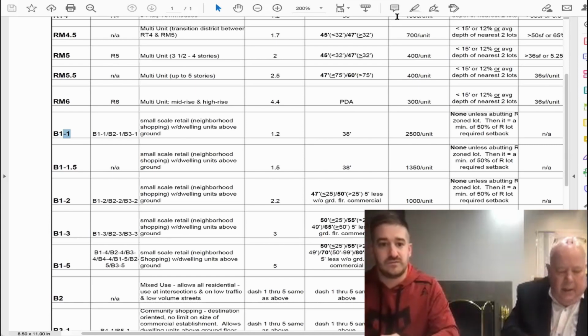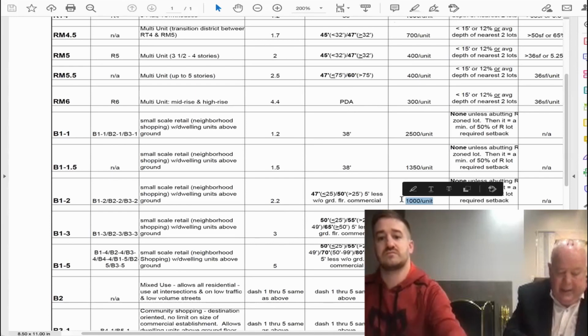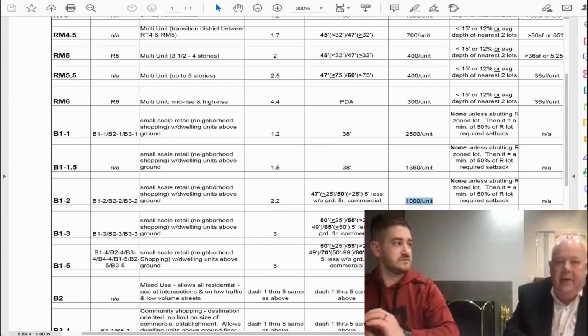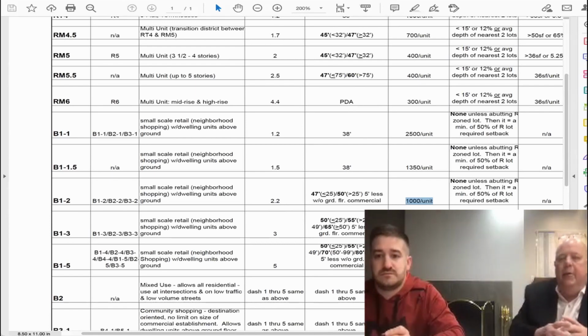Okay, then we're going to run across here to the MLA, and C12 is what this was zoned, and it says the same, -1 through 5, same as above. So it's 1,000 square feet of land that you need for every dwelling unit. So how many units can we put on this property?